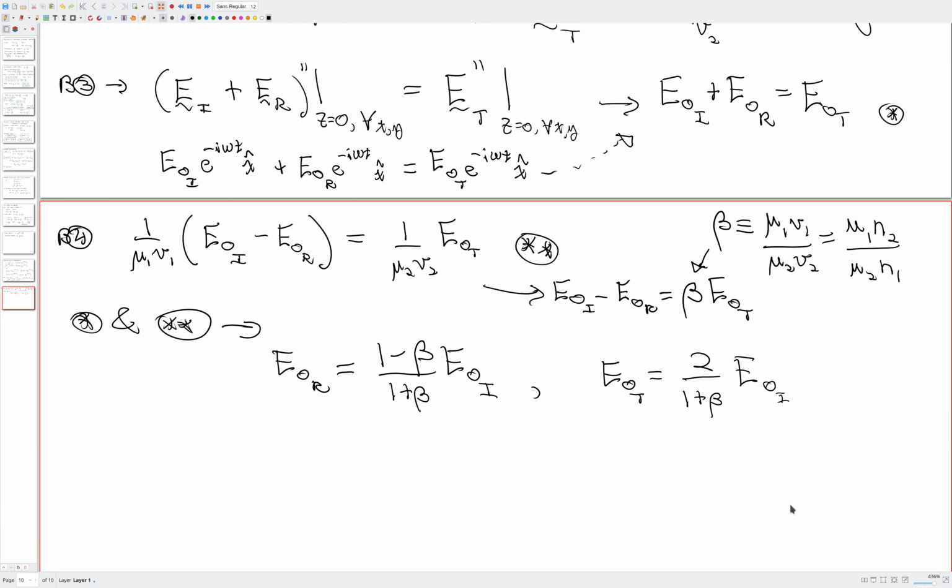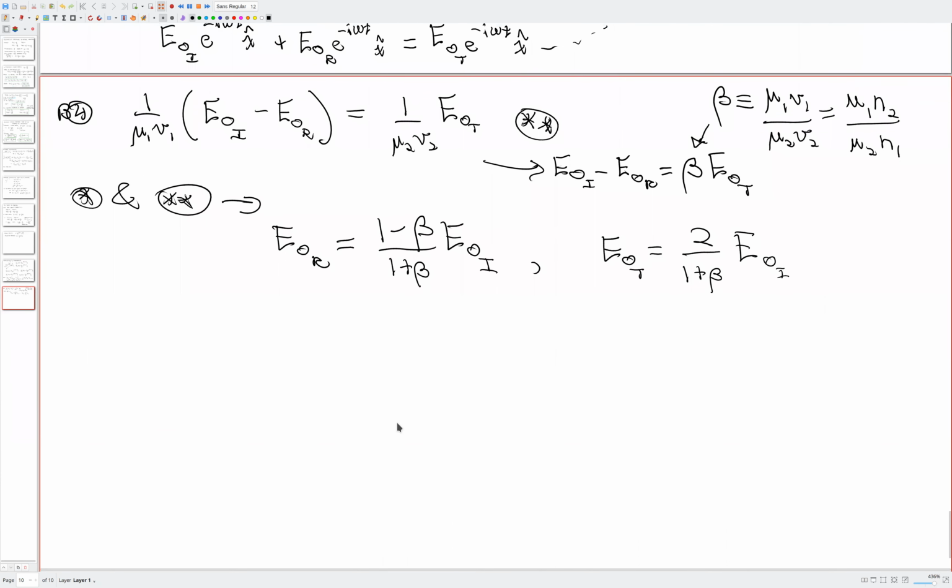Now maybe we can go back to some more physics in the last 2 or 3 minutes. What was the intensity of the wave? We had discussed this. The intensity of the wave was really the average of the size of the Poynting vector.